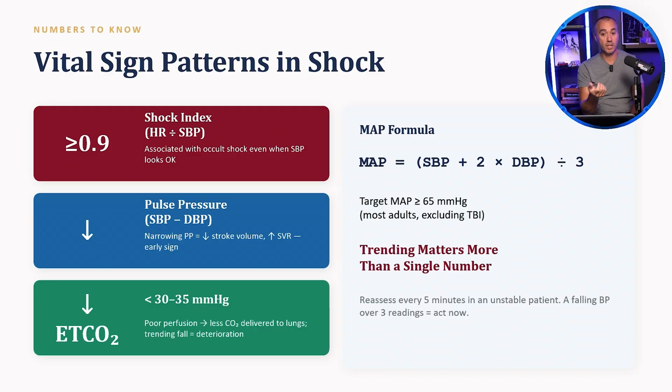So you're going to hyperventilate, which could also drive that CO2 lower as well. So important things that we should be utilizing with our standard set of vitals: shock index if you're not using it, end-tidal CO2, and then keeping in mind what that pulse pressure is doing when you're differentiating between shock types. But the monitors do not calculate a pulse pressure for you, but the majority do calculate a MAP. But again, utilize a trend.